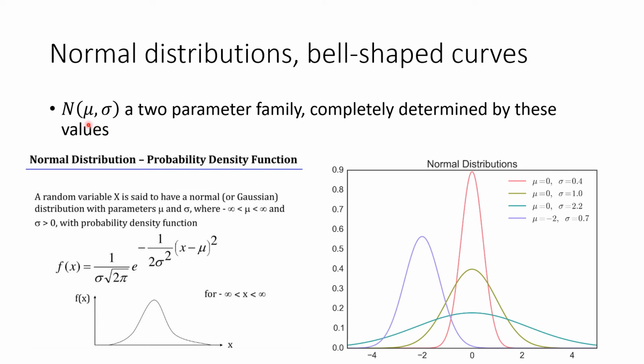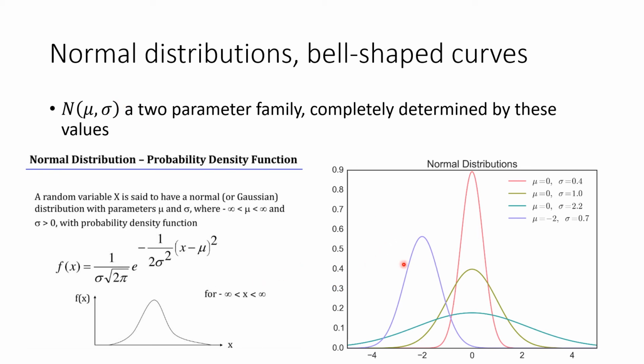It depends on the mean, what's the middle value, and it also depends on how it is spread, the standard deviation. So normal mu sigma, that makes every normal distribution depend only on the mean and sigma. We call that a two-parameter family, and it's completely determined by these values and the fact that it is a normal distribution.